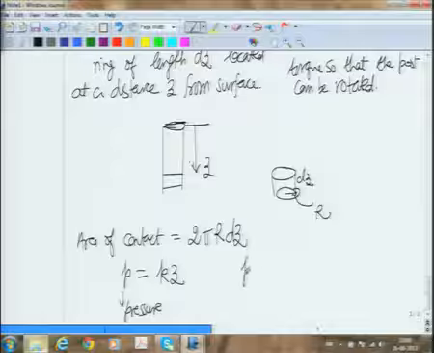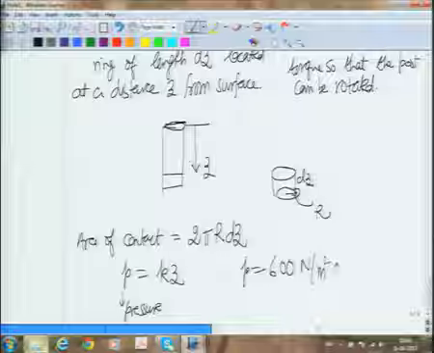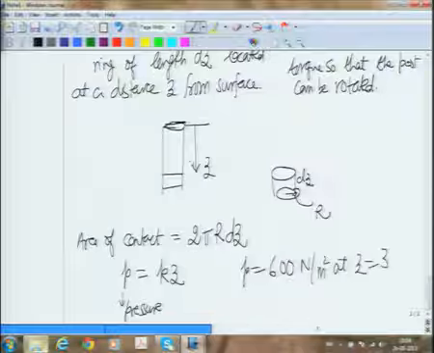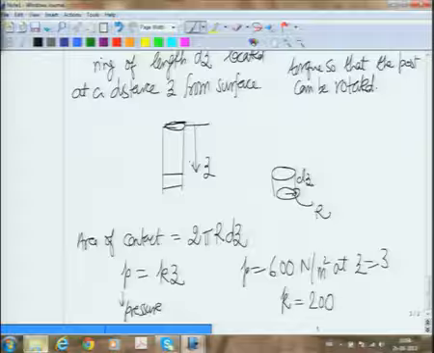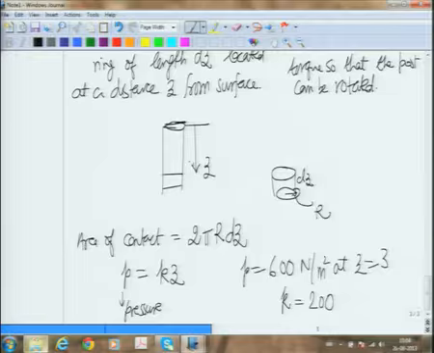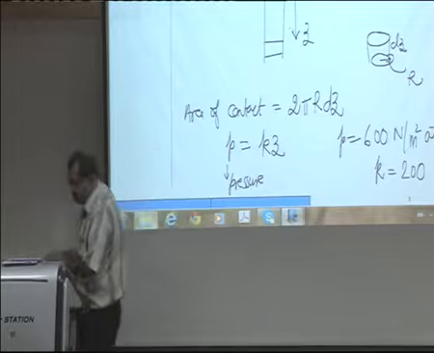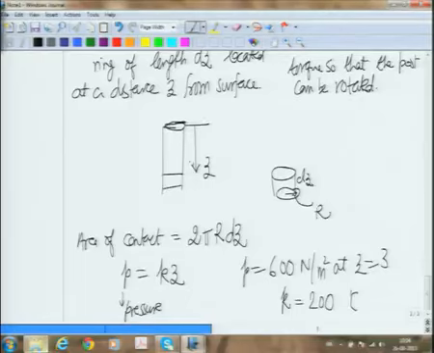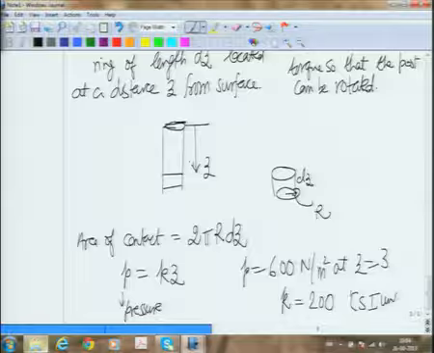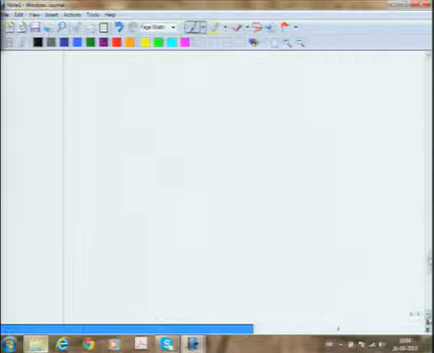Since P is equal to 600 newtons per meter square at z equal to 3, I put 600 equal to k times 3, so 600 by 3 gives k equal to 200 in SI units. I will not write the units, I will just say SI units.